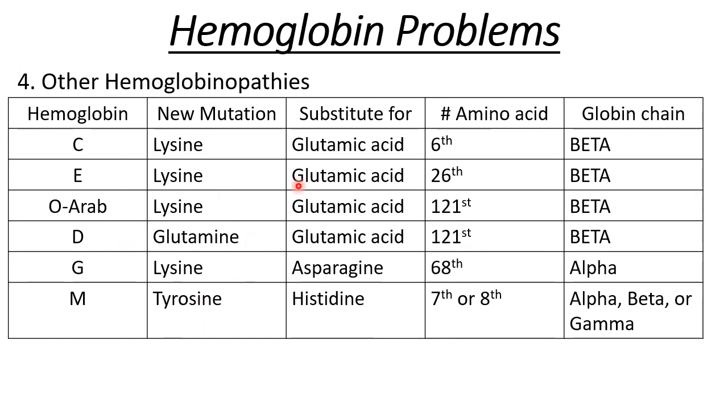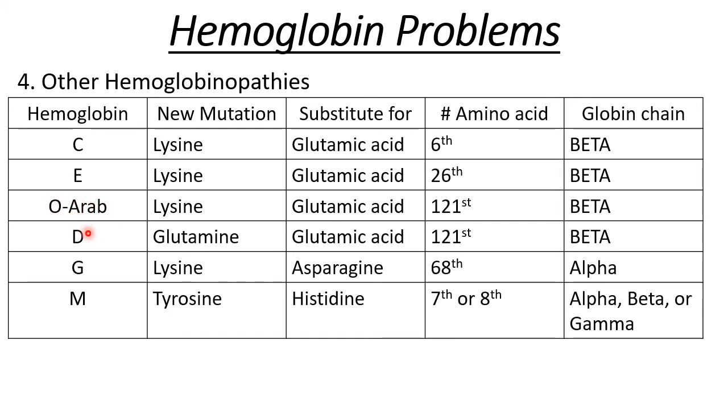Other less common hemoglobinopathies are as follows. So, tinable ko na sila para mas madaling maintindihan or ma-memorize yung genetic defects ng mga yan. No? Arrange natin sila through this manner. C, E, O, O Arab. No? In other books, O lang. So, sa Rodaks kasi, O Arab ang tawag.